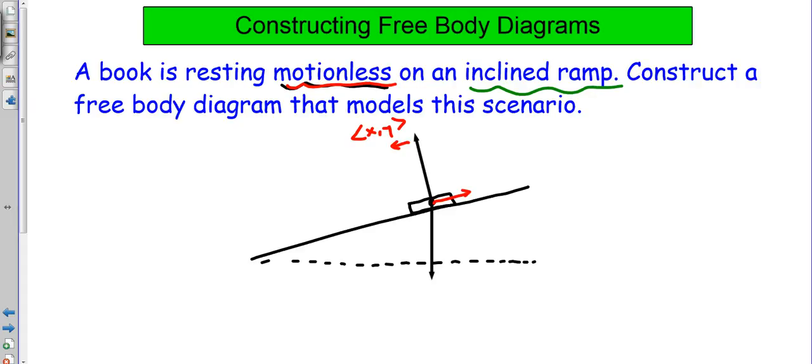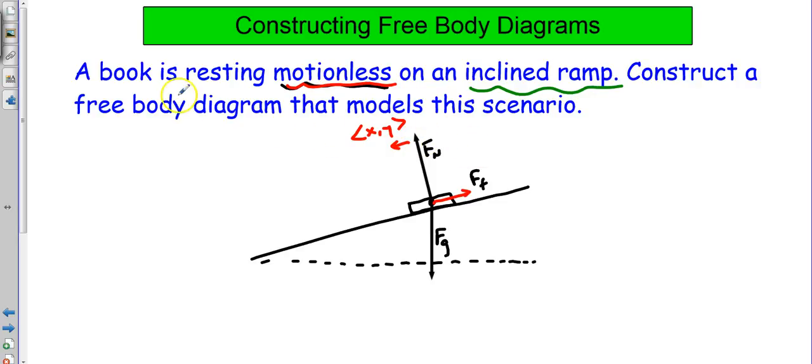All right, so we're not going to go too deep into this. I really just wanted to touch on this topic of constructing free body diagrams. Let me throw some labels in here. This is the normal force, and this is, we'll just call it the force due to friction.